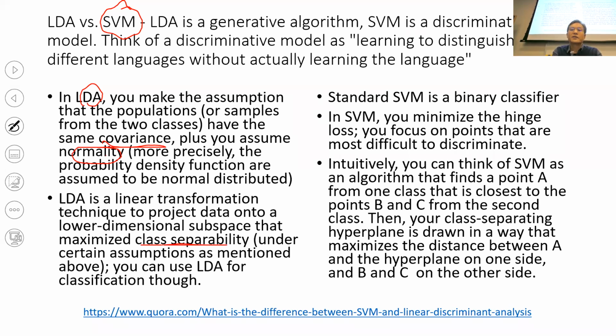SVM is more straightforward. It doesn't assume anything. You just find a boundary between your two classes of data, and draw a straight line between them to separate them. So there's no assumption. It finds the points which are close to each other.